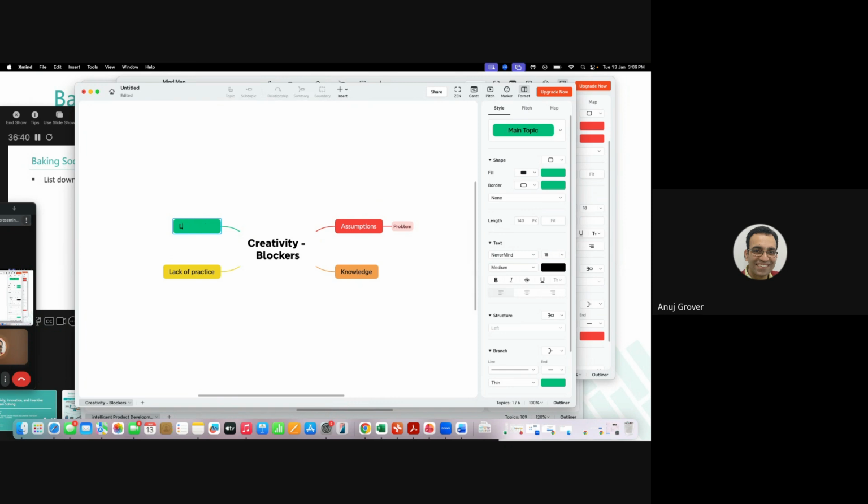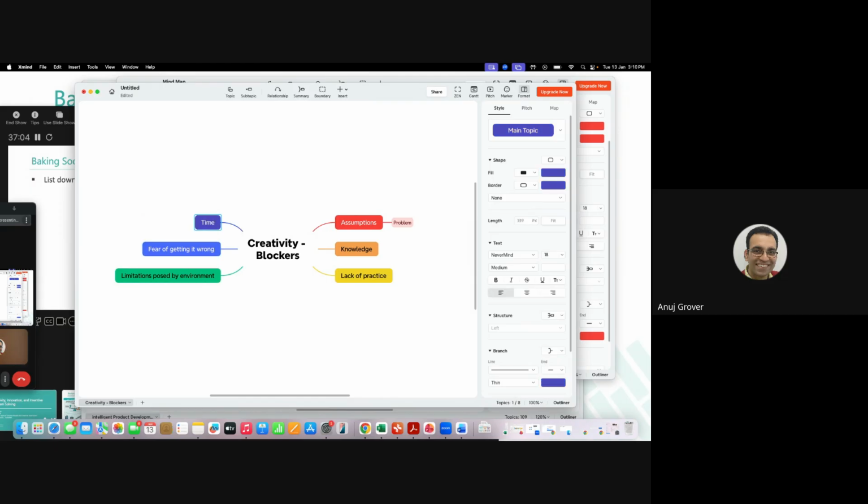There were limitations posed by the environment. Fear of getting it wrong. Assumptions about the problem. Okay. Time. Okay. Repetitive thinking was a blocker for you.